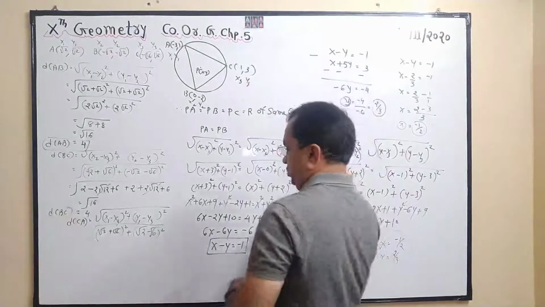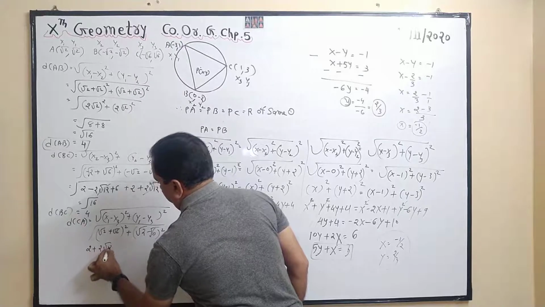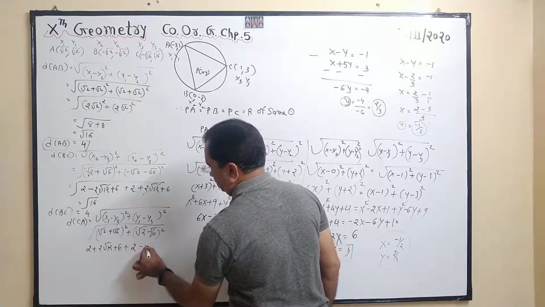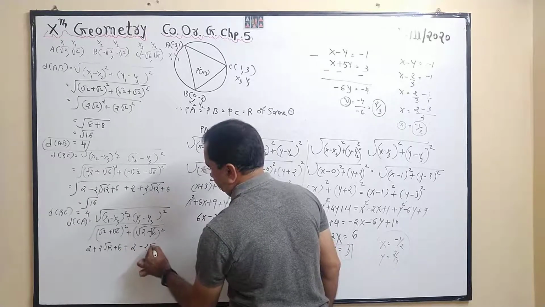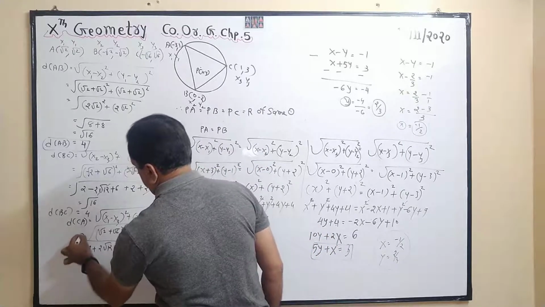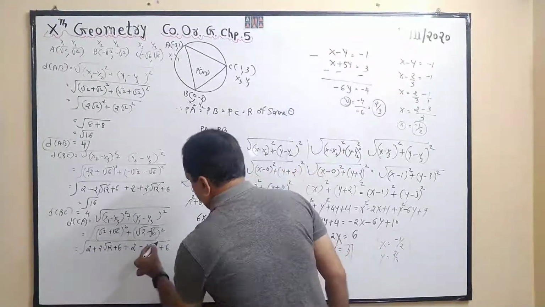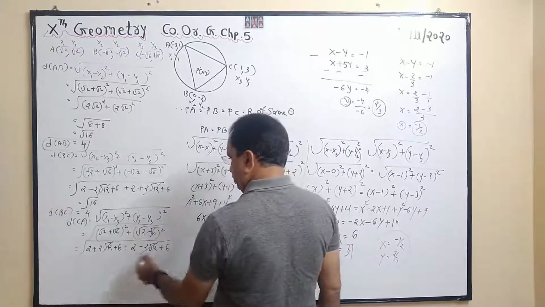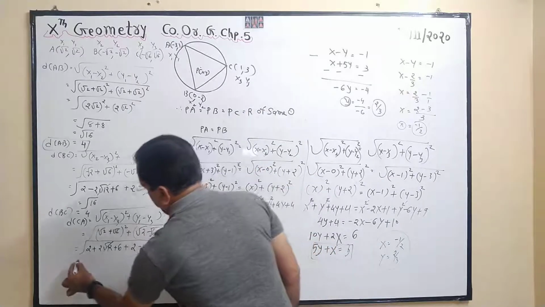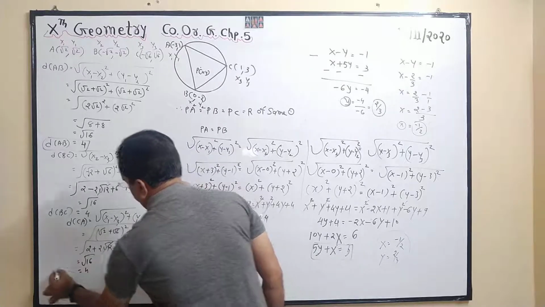Now, square of this: root 2 square 2, minus 2 root 12 plus 6, plus root 2 square 2, minus 2 root 12 plus 6. Then these plus and minus will cancel. Again it is 16, root 16, so 4.